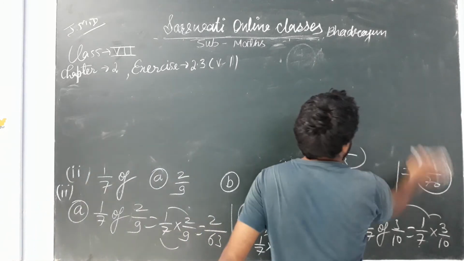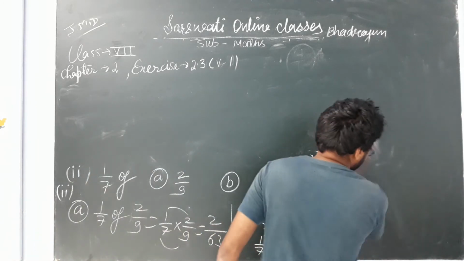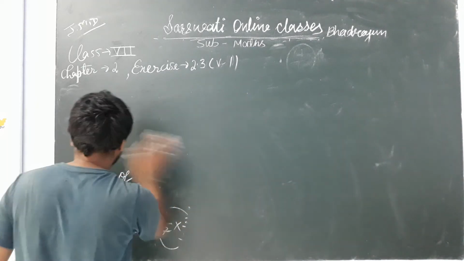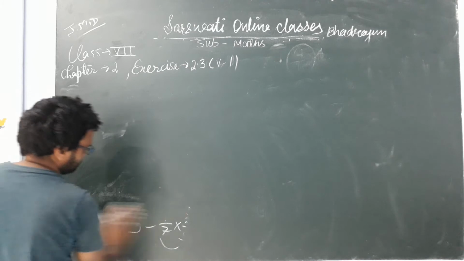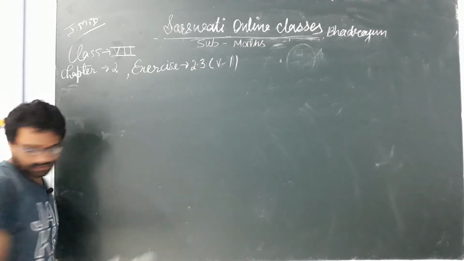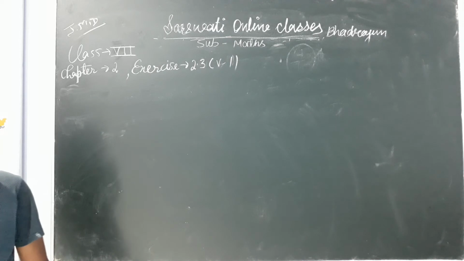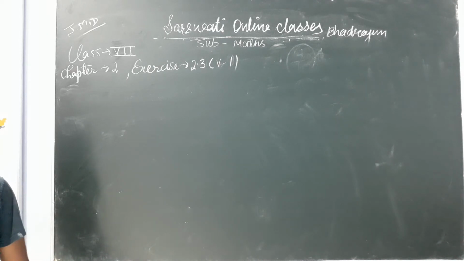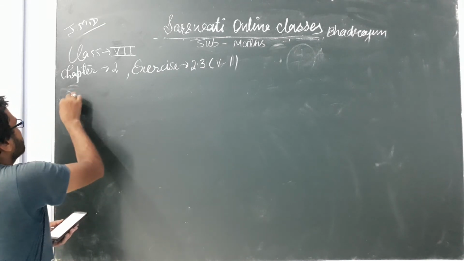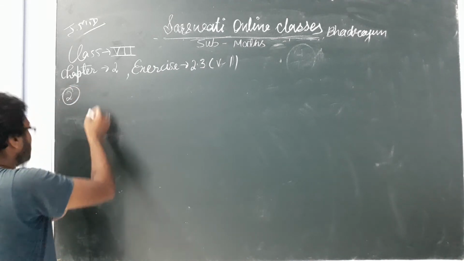Exercise 2.3, question number 2 is: multiply and reduce to the lowest form if possible.